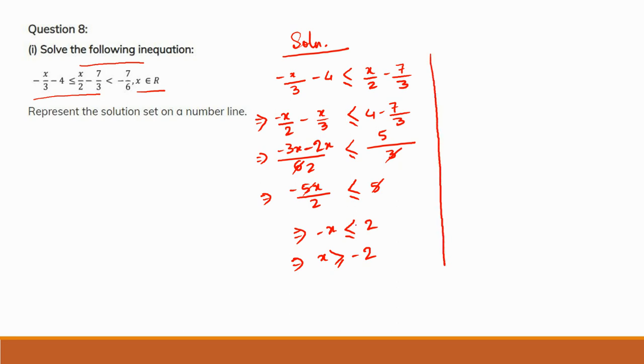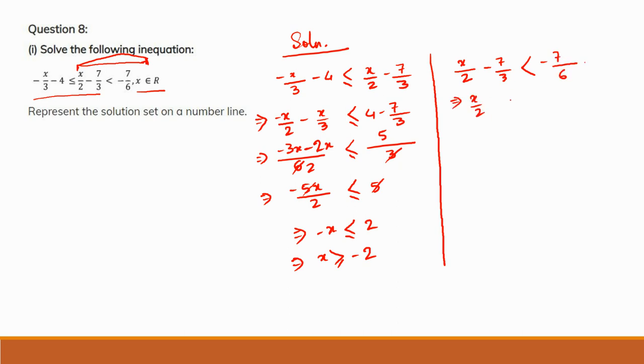x is greater than or equal to minus 2 when you solve minus x minus 3 less than 4 and less than or equal to x by 2 minus 7 by 3. The other one that you get is when you perform this inequation, x minus 2 minus 7 by 3 less than minus 7 divided by 6.